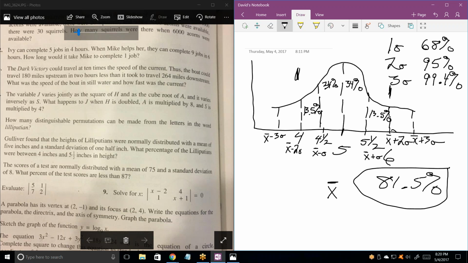Now I know that the total from here to there has to be 99.4%. So this has got to be 2.2, and this has got to be 2.2. Now I could answer even more questions. I could ask, what percentage of the people are between 3.5 and 4.5? Well, that would be 2.2 plus 13.5.